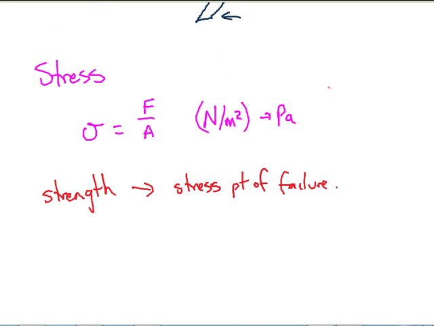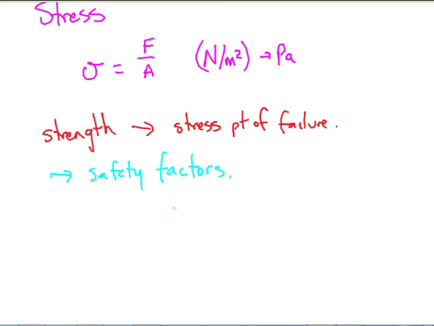And because obviously we don't want to take a material to the point of failure, particularly when we're building, that led to the idea of safety factors. What that means is, for example, a safety factor of 5 means 1/5 of the stress as max.